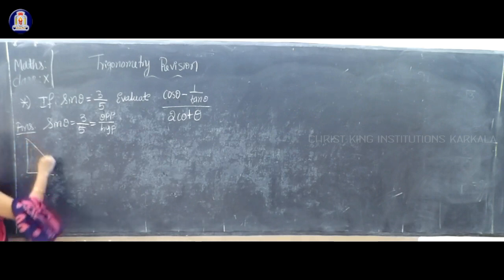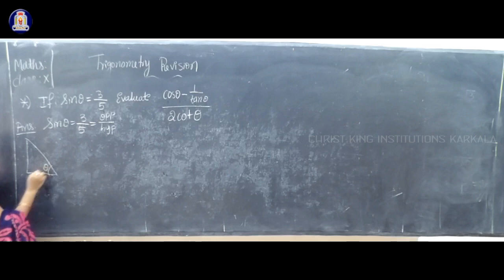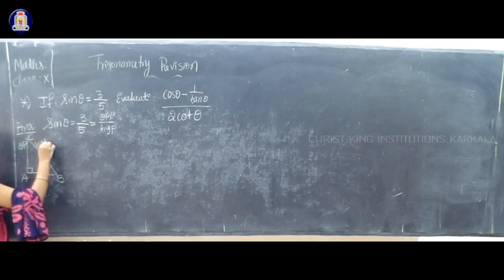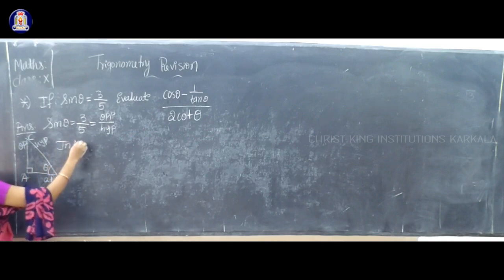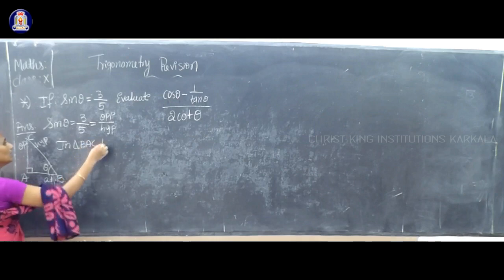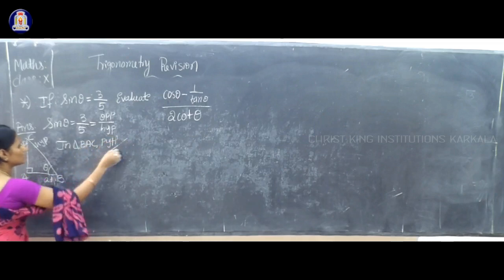So in the triangle, this angle is theta. You can mark this as A, B, C. So A is 90 degrees. This is the opposite side, this is the hypotenuse side, and this one is your adjacent side. Now apply it in the right angle triangle BAC. It is the Pythagoras theorem.